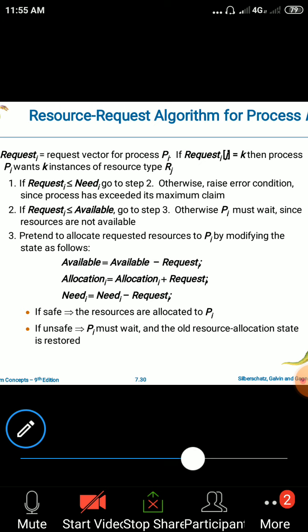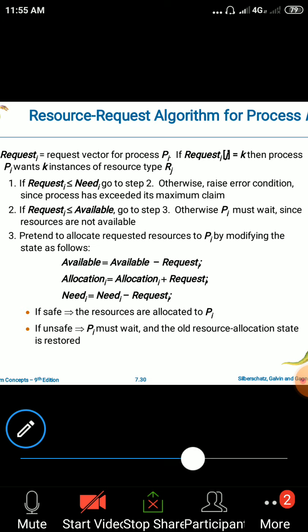Then the first condition is that we check whether the request by the process is less than or equal to the need. Suppose initially the process Pi gave the information that it requires a maximum of 3 CPUs to complete its execution.